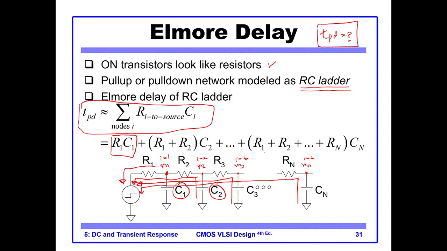So this is called Elmore delay. Often when you convert your circuit into the equivalent RC model and simplify the circuit, you will see that you get an RC ladder and the t_pd can be easily calculated from the RC ladder using this formula. Okay.